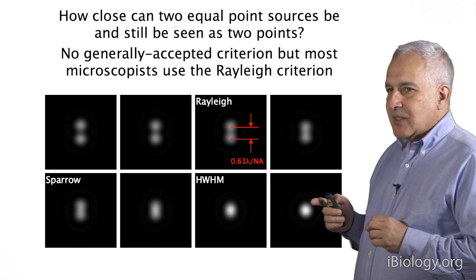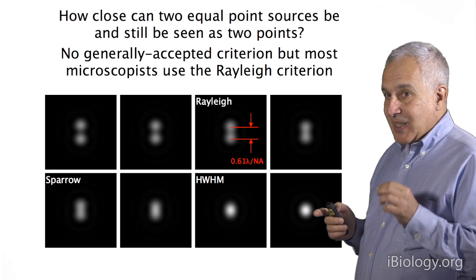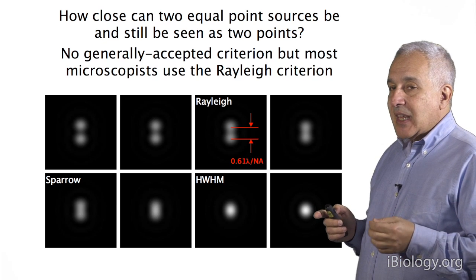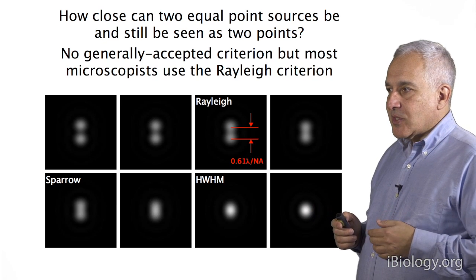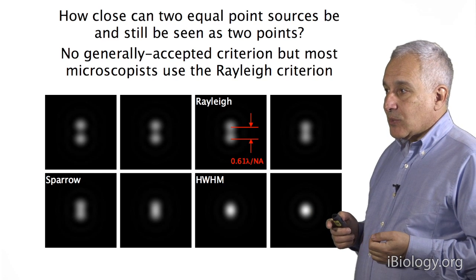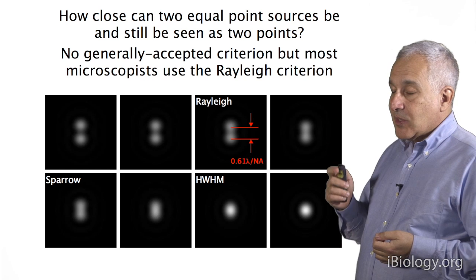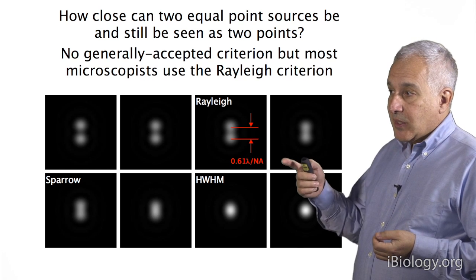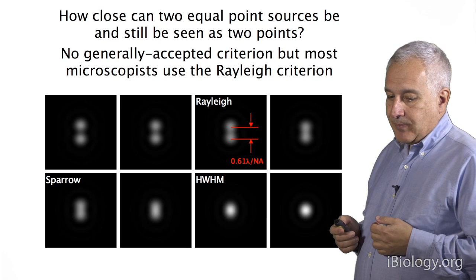So if the second spot's peak intensity is sitting right on top of the dark ring of the first point, then they are at the Rayleigh criterion distance apart, which is 0.61 lambda over NA, and that is typically used as a resolution limit. Even though points that are closer together you might still say are separate points, the Rayleigh criterion is 0.61 lambda over NA.